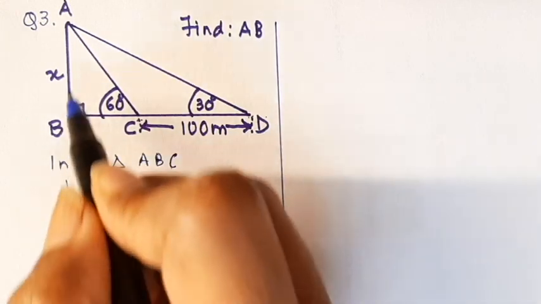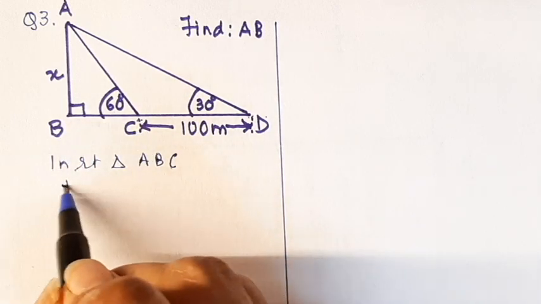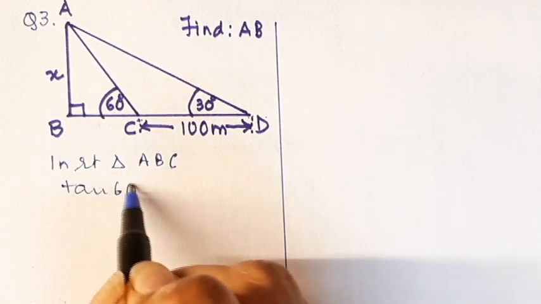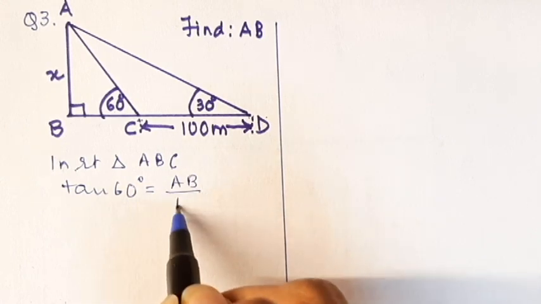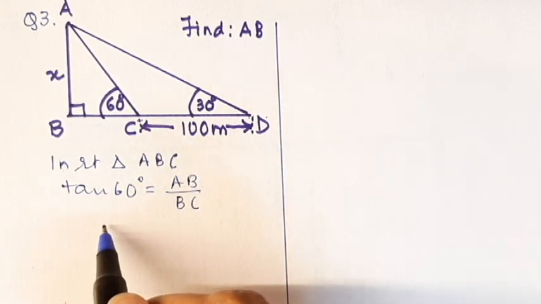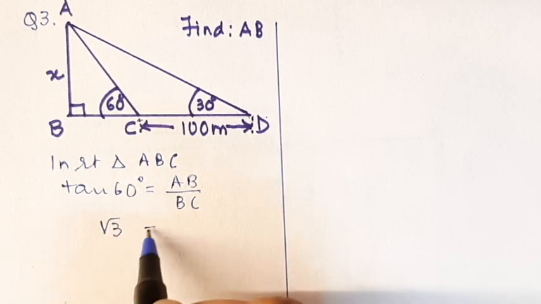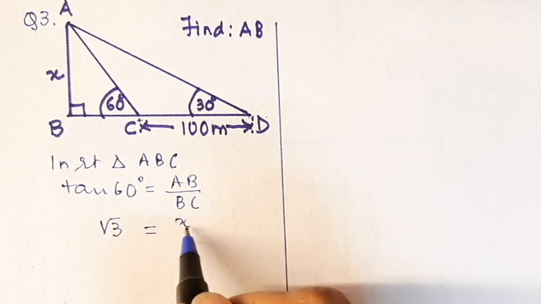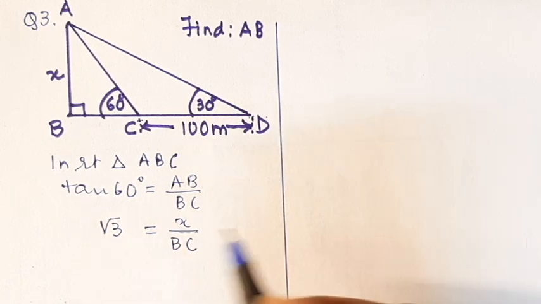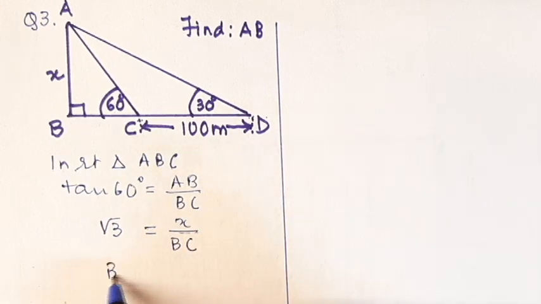So we will take opposite upon adjacent, which is tan 60 degrees, and that will be AB upon BC. Now tan 60 is root 3, and so we have X upon BC, and so you will have BC equal to X upon root 3.